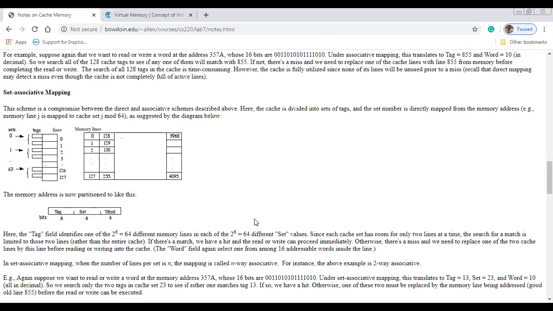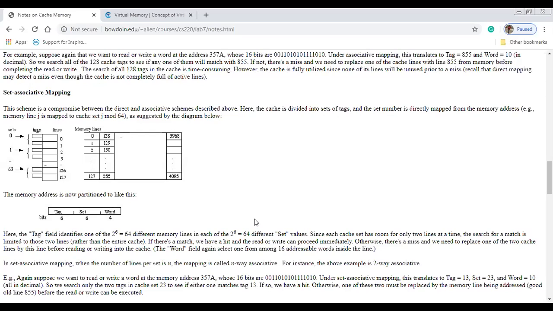We are taking 6 tag bits and 6 set bits. That means the same 2 power 6 different memory lines are there in the cache memory, and 2 power 6 set values are also there. So sets are the same and tags are the same. Sets are 6 and tags are 6, ranging from 0 to 63. That's what we have here, the representation 0 to 63.